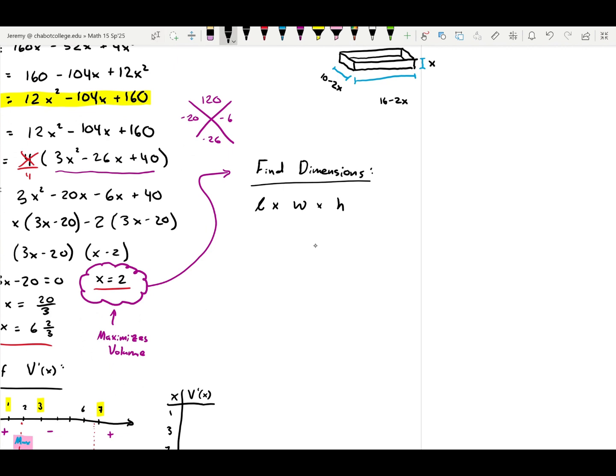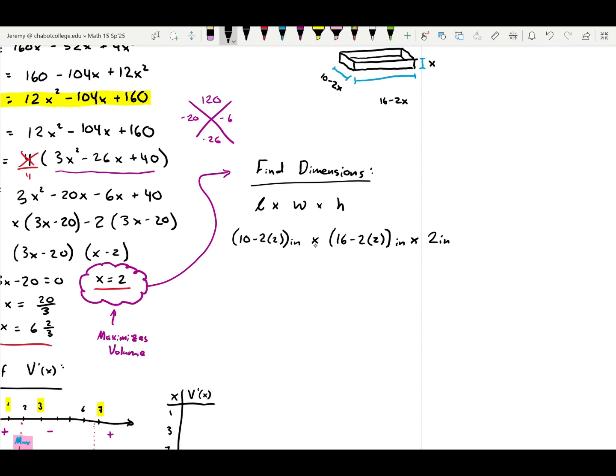The length, we could say that that's like this dimension right here. So the length will be 10 minus 2x inches, where x is equal to 2. The width will be 16 minus 2 times 2 inches. And then the height is just 2 inches. That's the one we've already found.